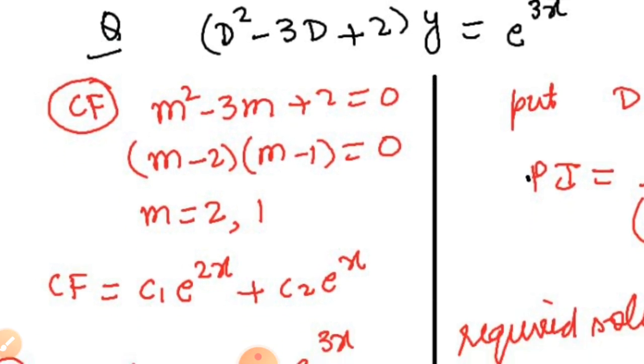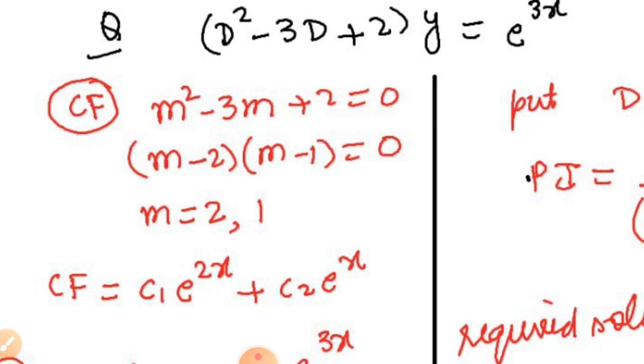So suppose our equation is (D squared minus 3D plus 2) y equals e to the power 3x. To solve this type of differential equation, first we have to find the complementary function, and to know the complementary function we have to write the characteristic equation. So the characteristic equation will be m squared minus 3m plus 2 equals 0.